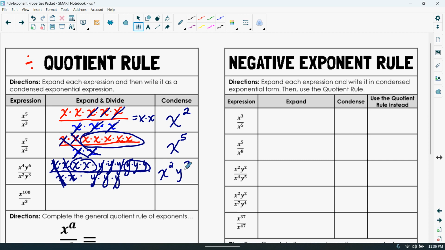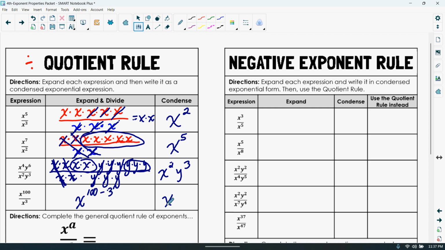So this is a large one, I don't want to do the expanded form of 100. So I was hoping you saw that whenever dividing like bases, when you have exponents between them, you're actually subtracting. 5 minus 3 is 2, 7 minus 2 is 5. If I subtract the 4 and 2, that's why I had an exponent of 2 here. 6 minus 3 gives me an exponent of 3. So I'm really just taking the exponents and subtracting when we divide.